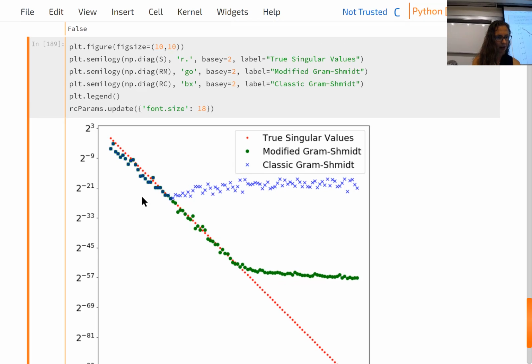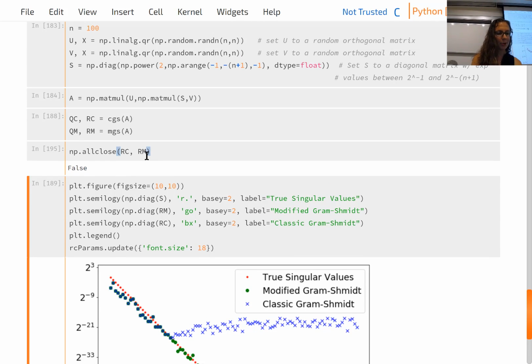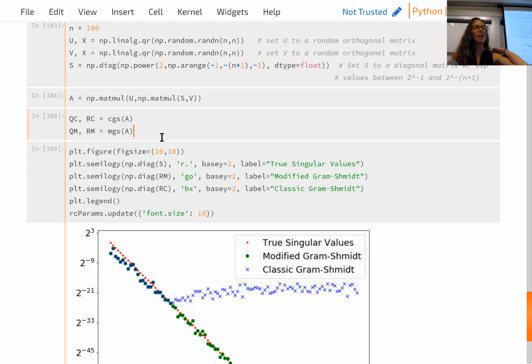You can have variations with where your negative signs are. Actually, no, the point is these are not going to be the same. Ideally, we want these to be similar to each other, but it turns out that they're not.